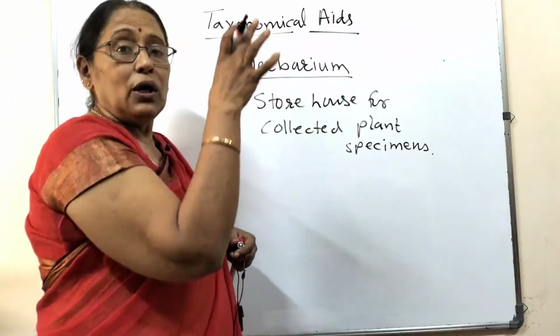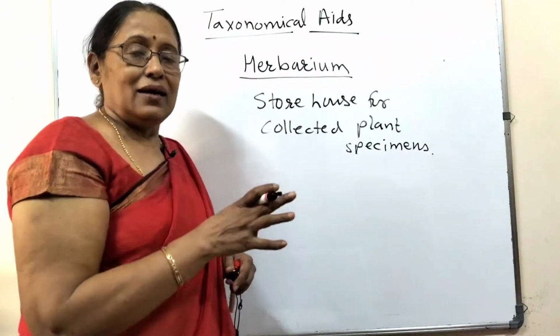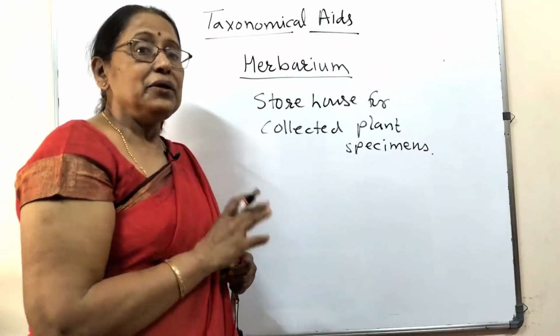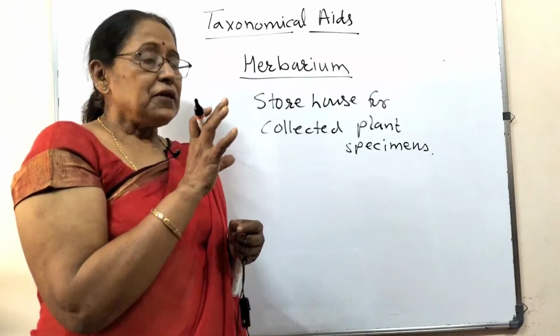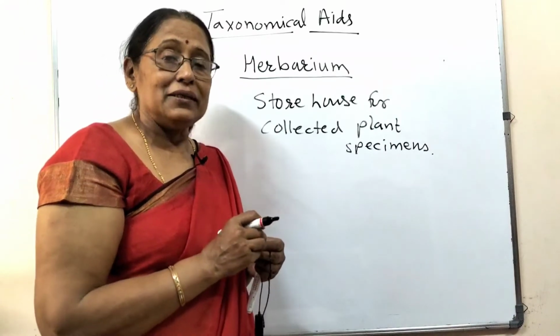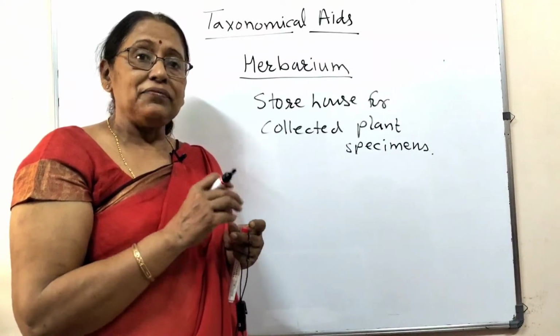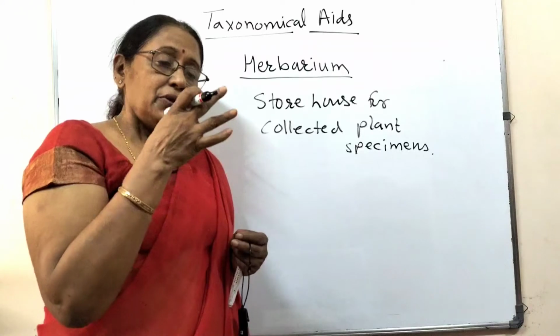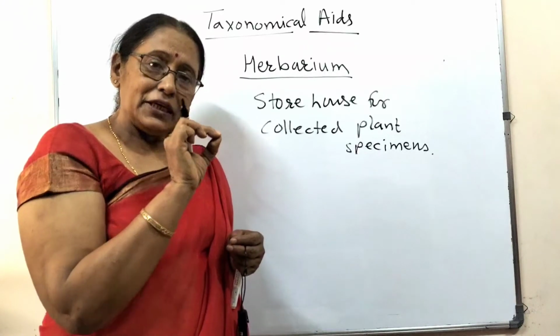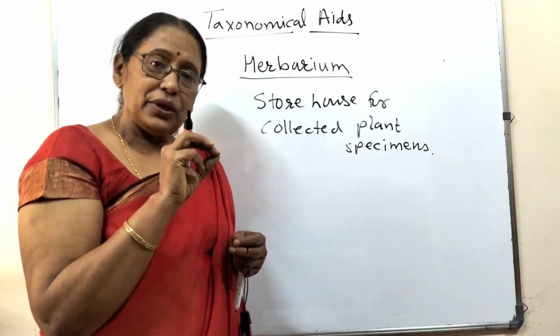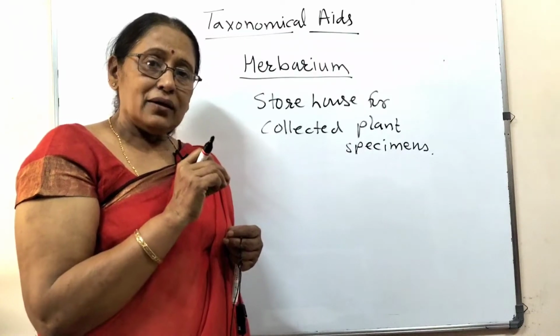These are not the whole plants. These are not live plants. This is not any garden you are growing. To help you study the different parts of different plants, you take out a small branch having the leaf, showing the type of venation, etc. Phyllotaxy it is showing.